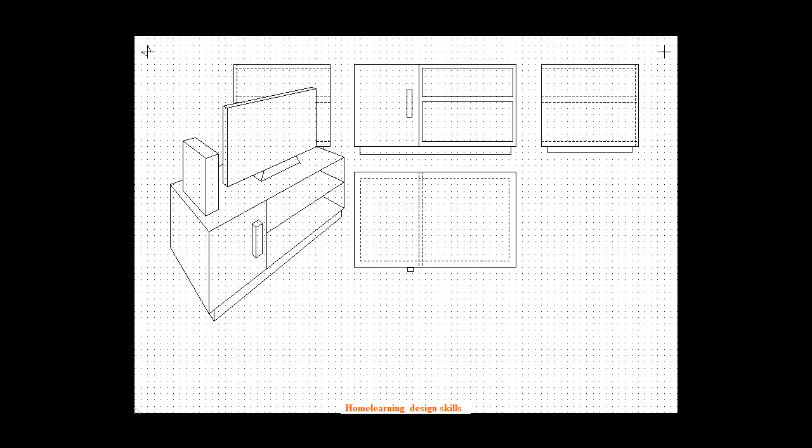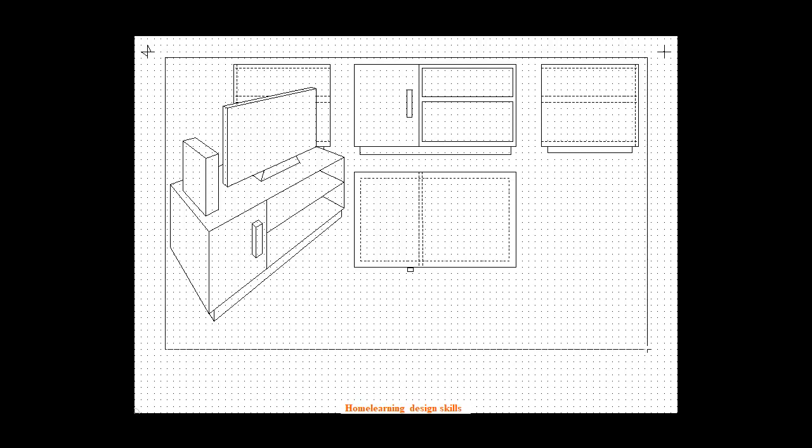And so that's it. So now what we've got is the next stage with a nice border around to make it look better, and we can start to annotate what these things actually are. And so that's this week's drawing of the TV cabinet. So we've got the 3D sketch, and we've also got the 2D, what it looks like from the front, the side, and the plan.